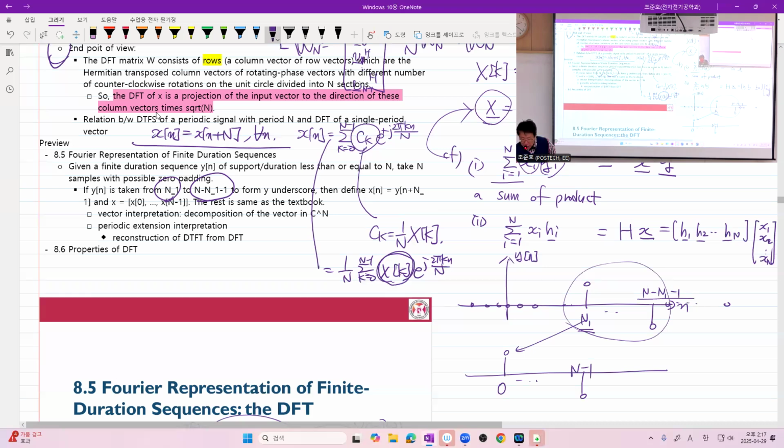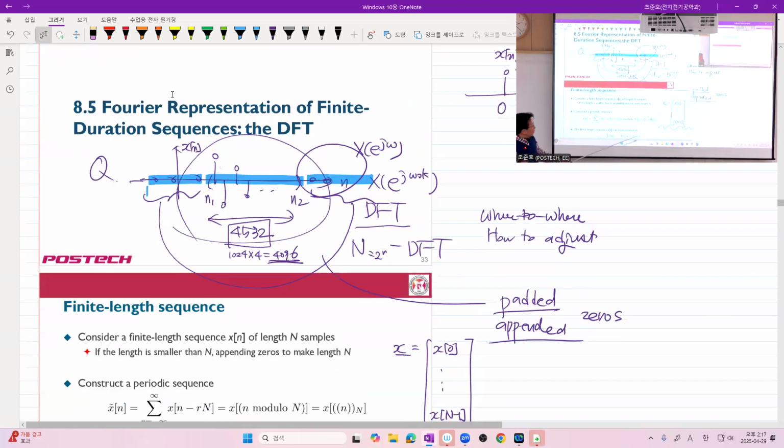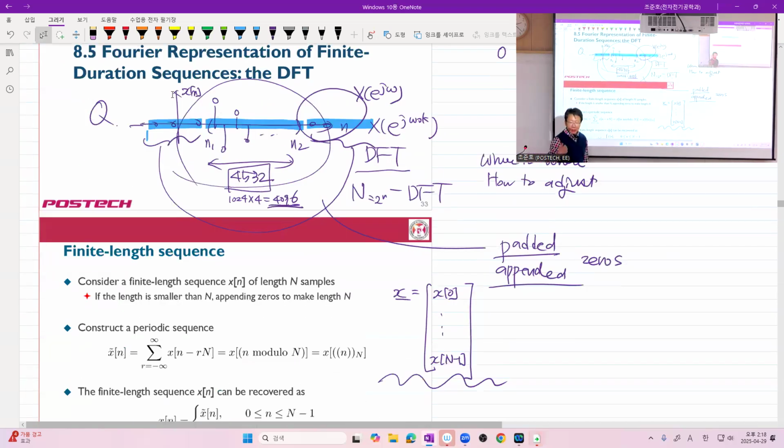So let's define this as x of n, which is y of n plus n sub 1. As you learned in high school math, if your graph moves to the left side, you add that number. Let's check. x0 equals y of n1. Correct, right? So just assume this is the interval you've taken.